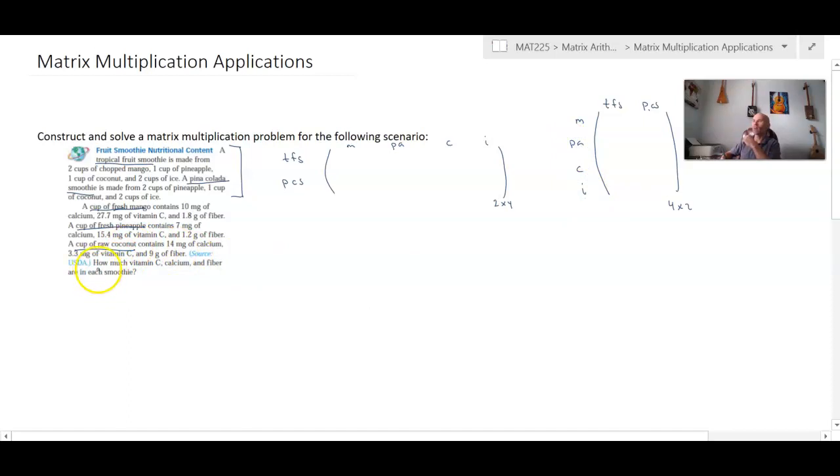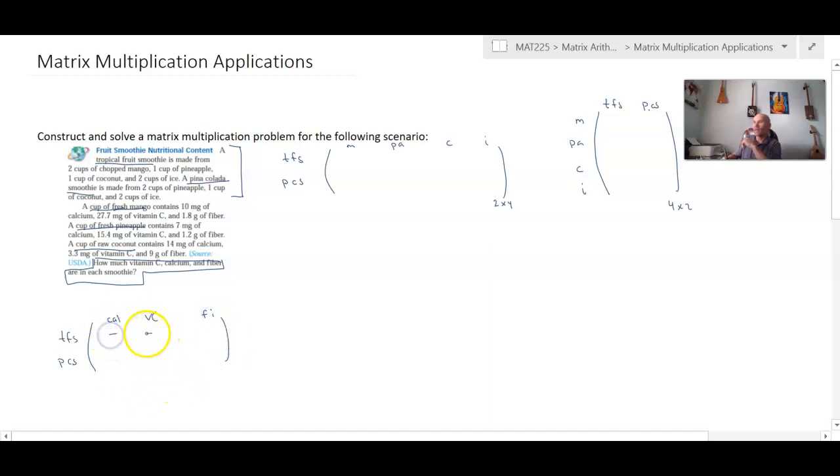Now, we want to determine how much nutritional content each smoothie has. Now, the nutrition is going to come from calcium, vitamin C, and fiber. So for each of the 2 smoothies in the end, we're going to want to know something like this. We're going to want to say, in the tropical fruit smoothie and the pina colada smoothie, how much calcium, vitamin C, and fiber do we have in those 2 smoothies?